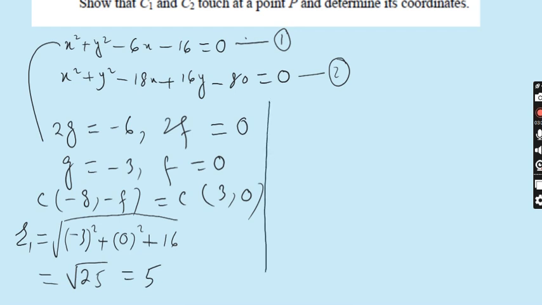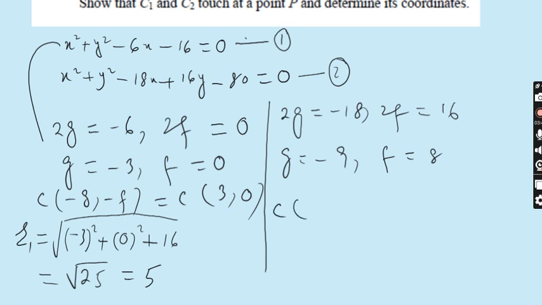Now find the center of the circle C2, equation number 2. So 2g equals to minus 18 and 2f equals to 16. G is equals to minus 9 and f is equals to 8. So center, minus g, minus f, is 9 and minus 8.